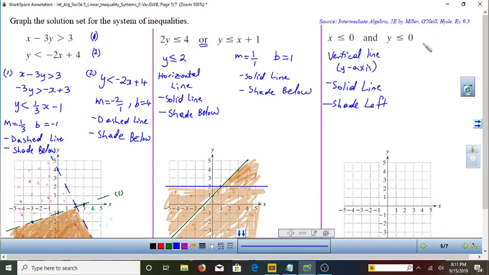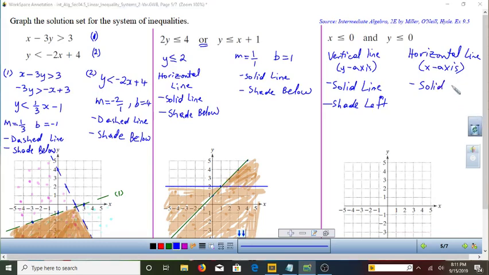And then with this one, we have a horizontal line, and in reality, that's the equation of the x-axis. And in this case, we are also going to still have a solid line because it's less than or equal to, and we're going to shade below the line.